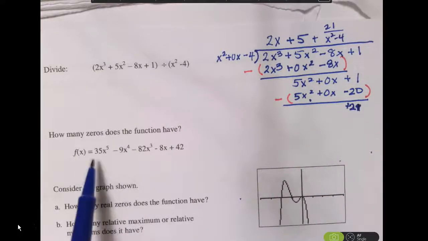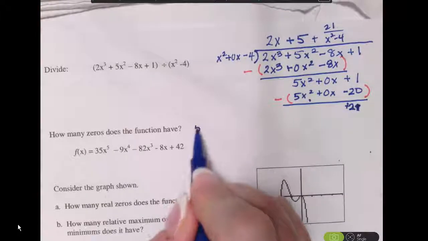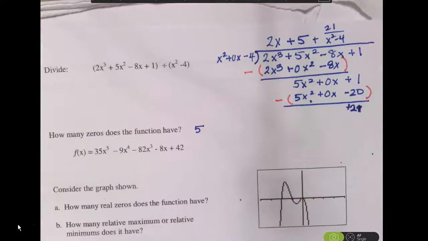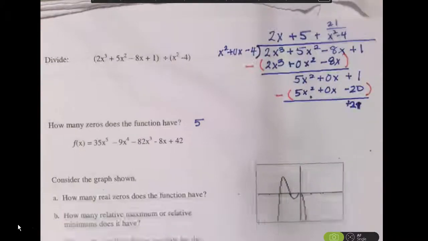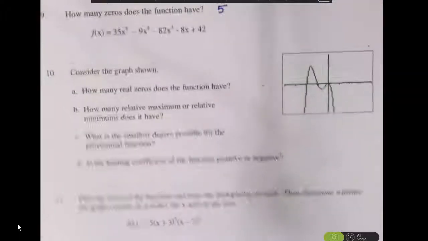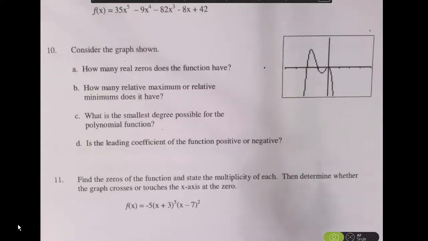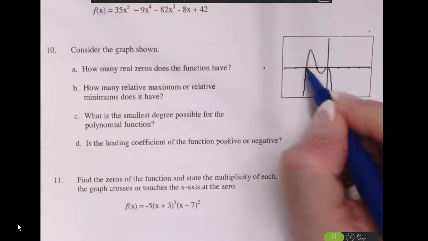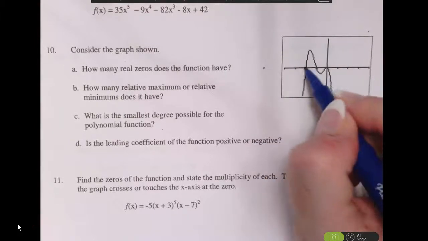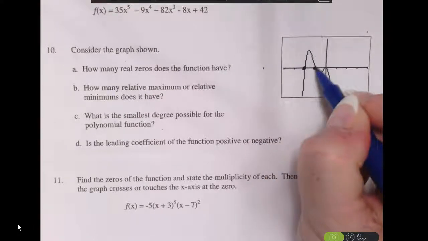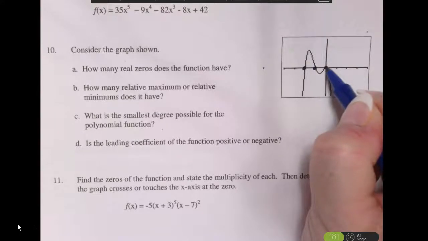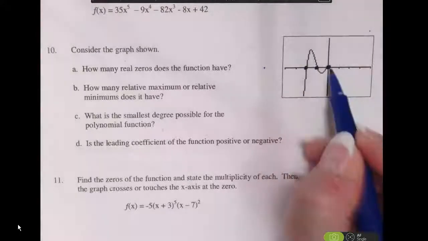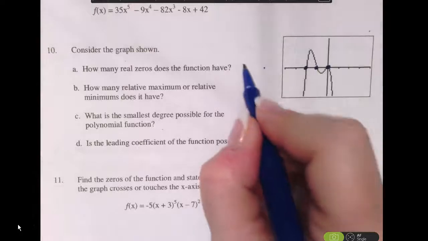How many zeros does this function have? 5. And you don't have to name them here, you just have to know the fundamental theorem of algebra is going to tell you how many zeros there are. So now we're looking at a graph, and how many real zeros? So we have 1, 2, and then right here where we have a point of inflection, that's actually a multiplicity of 2.